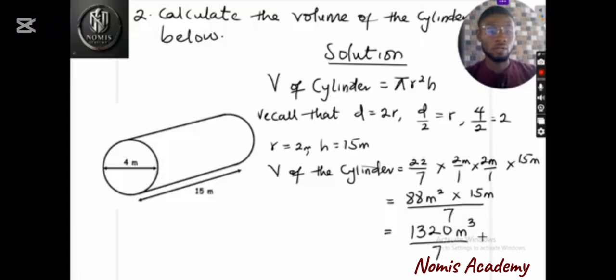So our final answer is 188.6 meter cube. So our final answer to the volume of the cylinder we have on the screen is 188.6, approximated to 1 decimal place, meter cube as the volume of the cylinder.